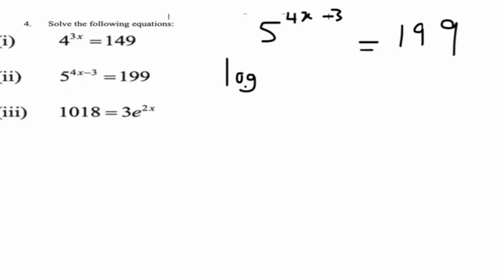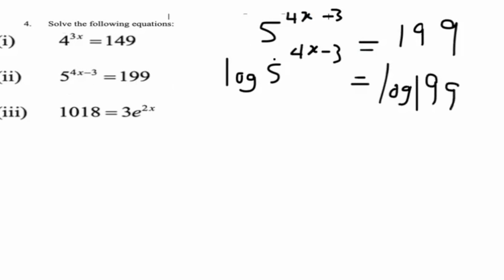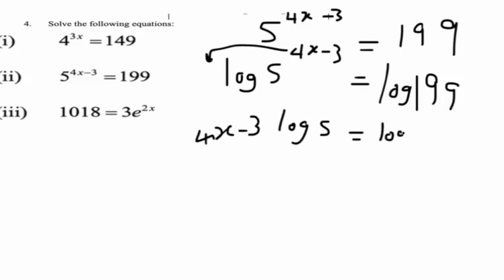So I have log 5 to the (4x take away 3) equal log 199. Then the power, we carry it in front, so you have (4x minus 3) log 5 equal log 199.